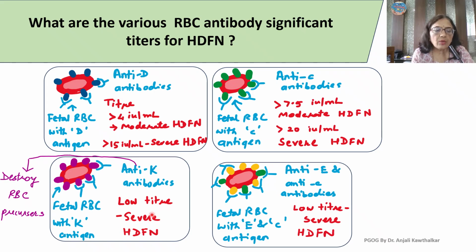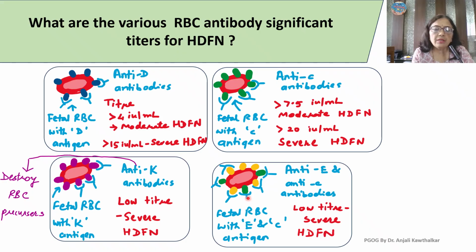Severe fetal anemia can occur because, as I have already said in the previous slide, anti-K antibodies destroy RBC precursors in the bone marrow, and that is the reason there can be severe anemia even with a low titer of anti-K antibodies. Whenever there is a combination of anti-E and anti-C antibodies, even with low titer, there can be a severe HDFN.